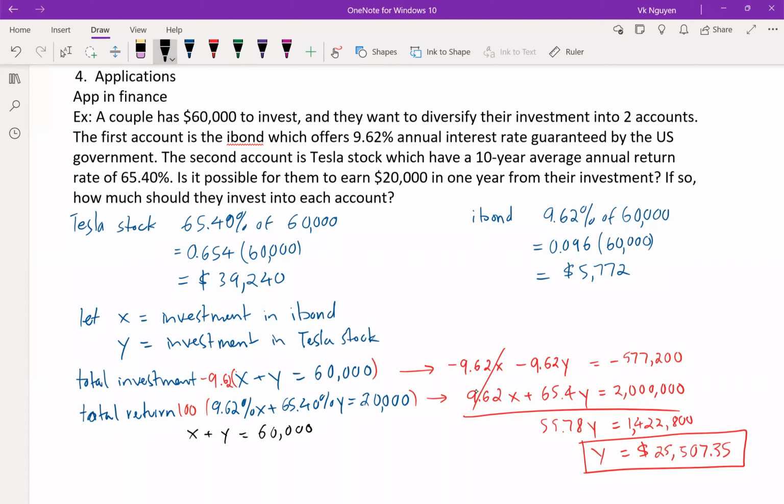So that means we can quickly get X there. We know Y is 25,507.35. Do the substitution, and we know that X is 34,492.65.